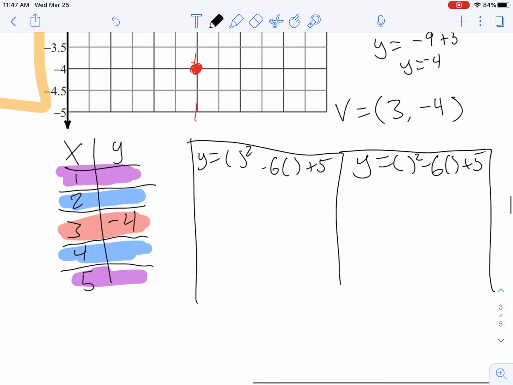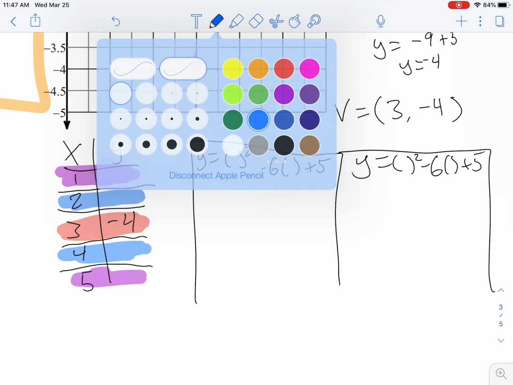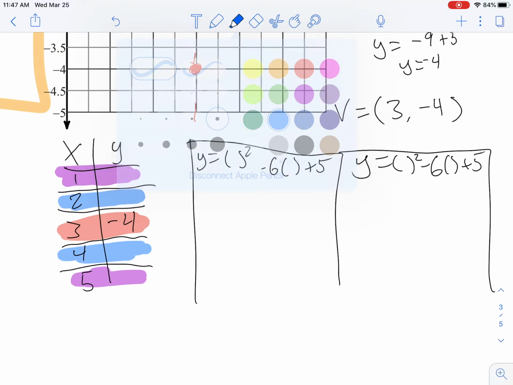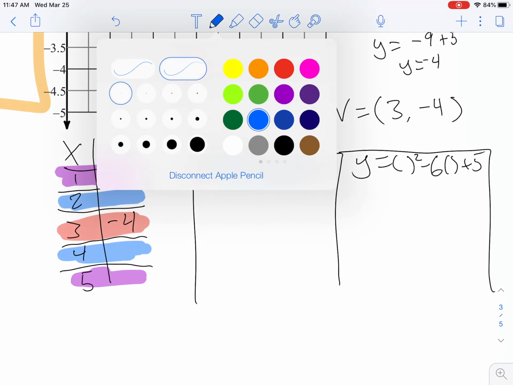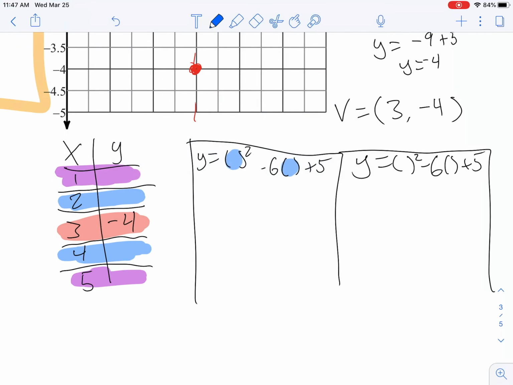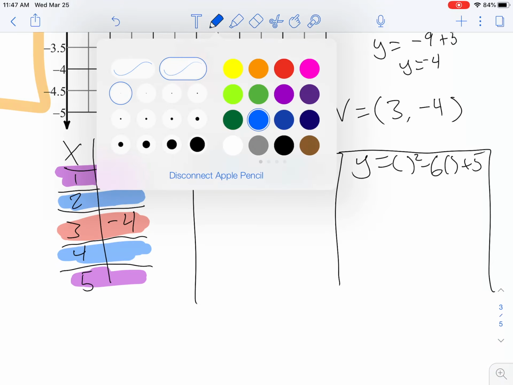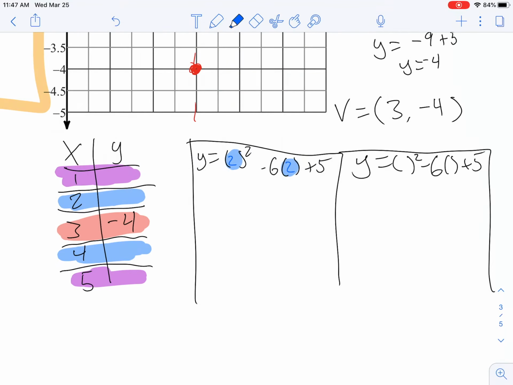Okay, and the numbers in blue, I'm going to use 2. So I'm going to put a 2 here and a 2 here. I guess that's a lot of blue. And then in purple, I'm going to put a 1 and a 1. So I'm not mixing and matching.